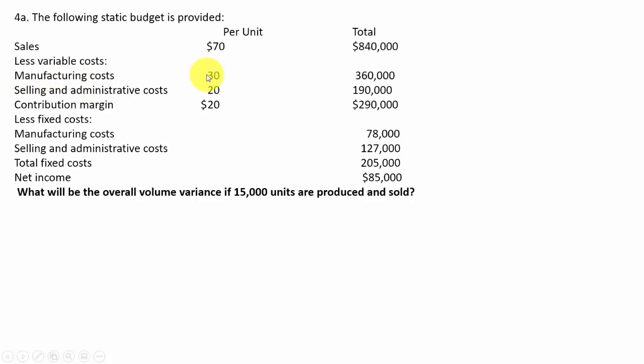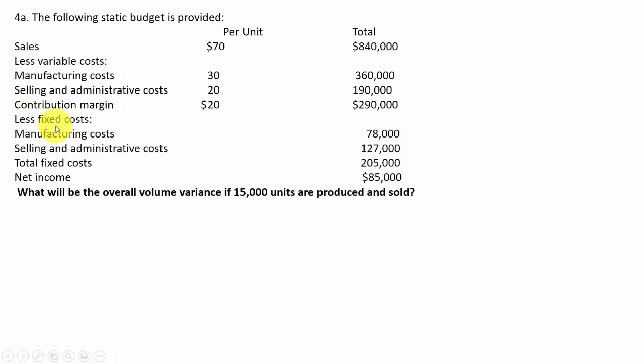Manufacturing costs are $30 per unit, which gives us a total manufacturing cost of $360,000. And we have variable selling and administrative costs, which are $20 per unit, and that gives us $190,000. Then we have a contribution margin per unit of $20, and that gives us a total contribution margin of $290.